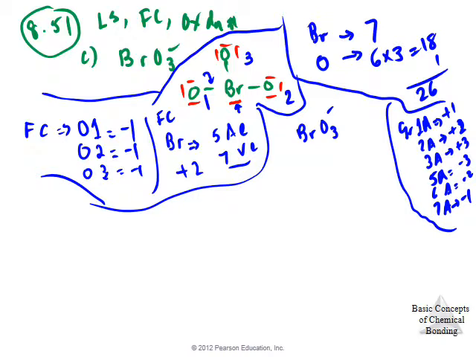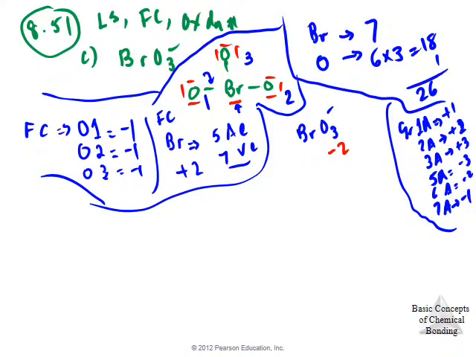So oxygen gets minus. And since oxygen is from group 6A, each oxygen is going to get, let me write it down in a different color, each oxygen is going to get -2. For Br, normally when you look at the periodic table and find it's in group 7A, it should be -1. But you cannot have 2 minuses side by side.